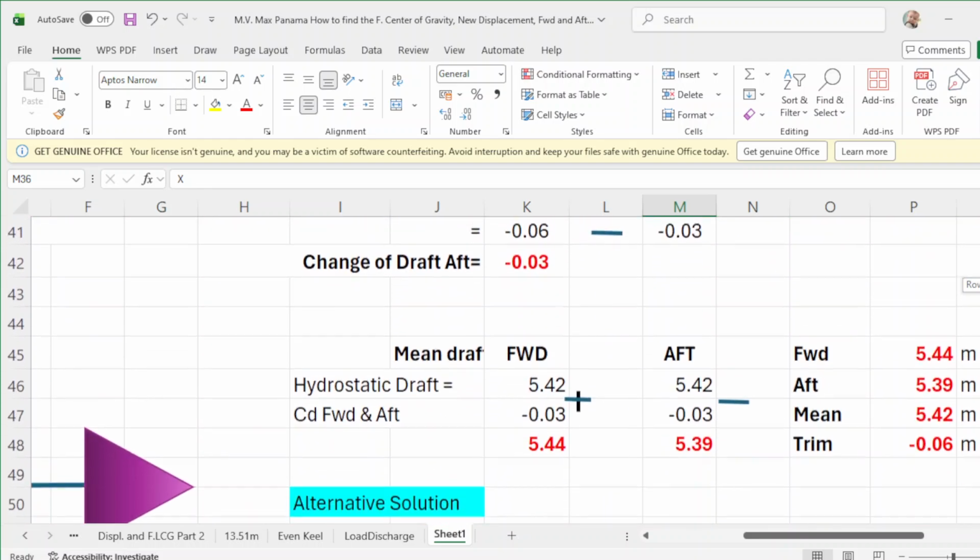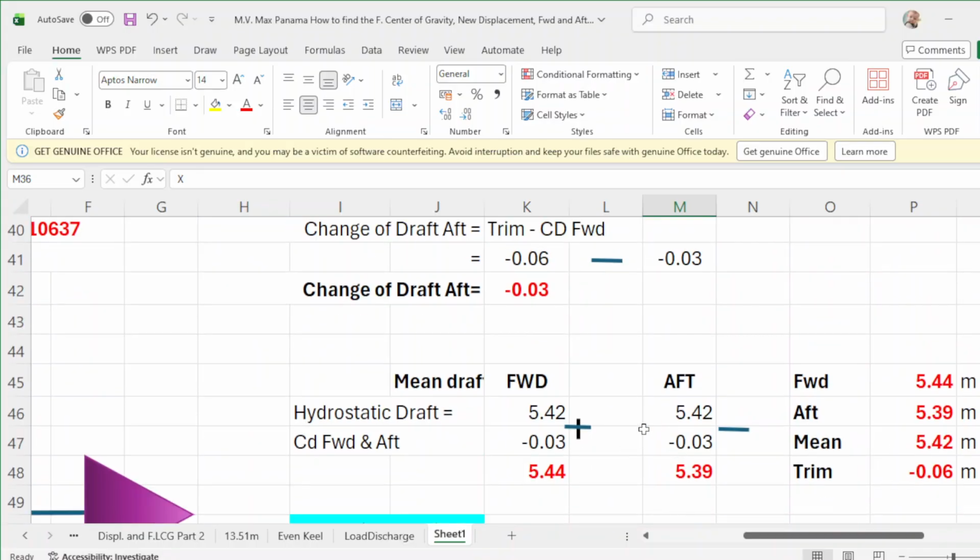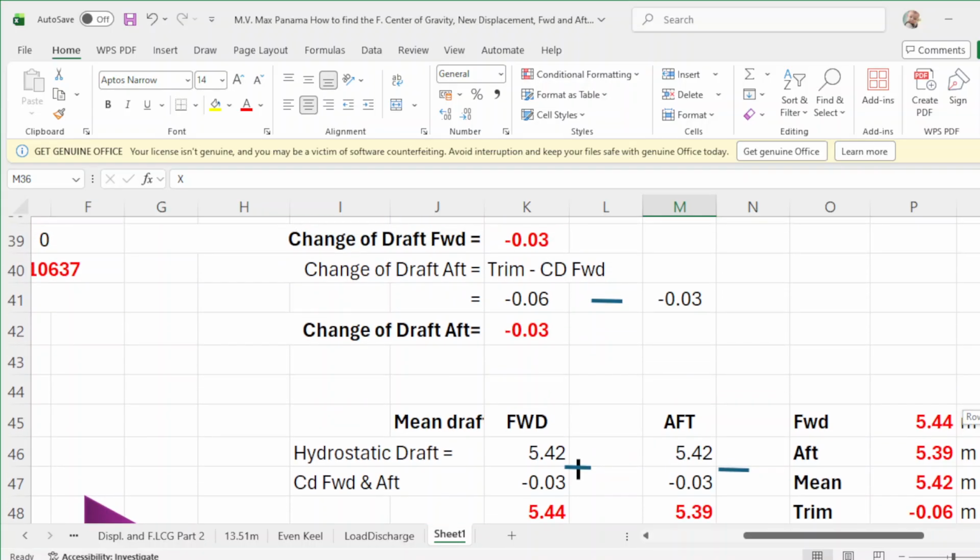You put 5.42 plus your change of drop forward and aft. Change of drop forward is negative 0.03 and change of drop aft is negative 0.03.